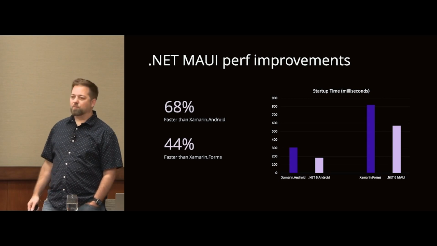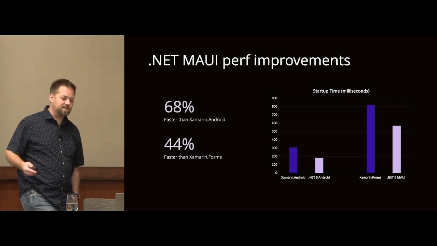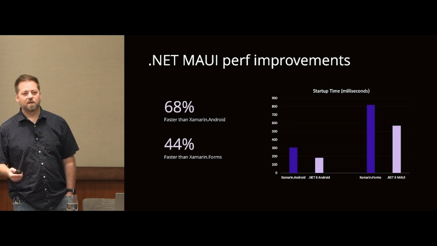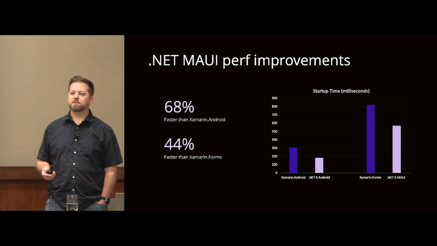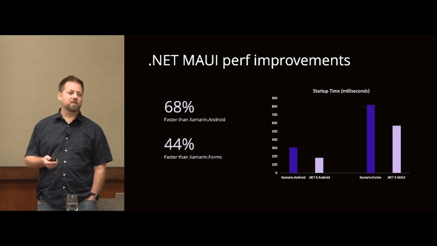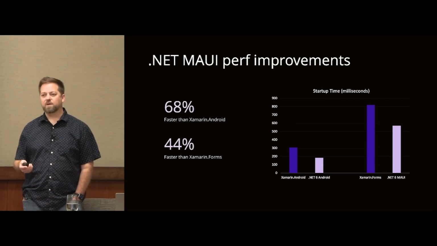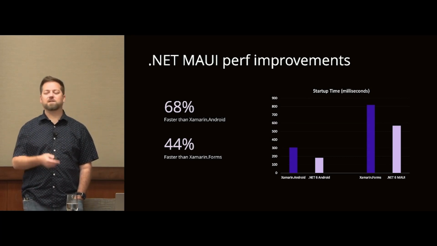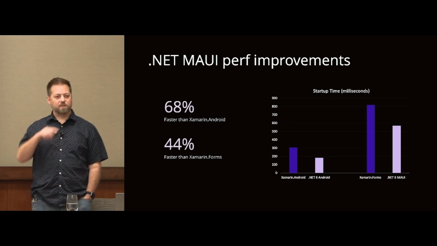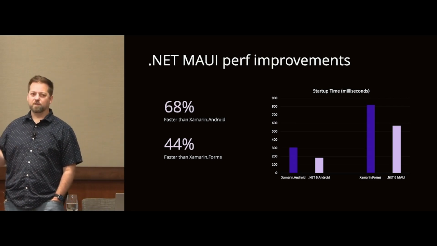In terms of performance, we know that we had some limitations in the Xamarin space in terms of being able to get the performance that customers really needed, especially on Android. And it's not necessarily impact, like I was talking about before we started. I talked to so many people and customers in different scenarios and in different industries. And for one customer, Android performance is the hill to die on.